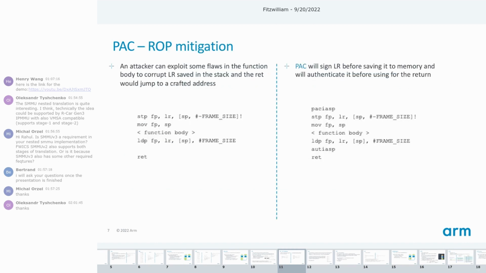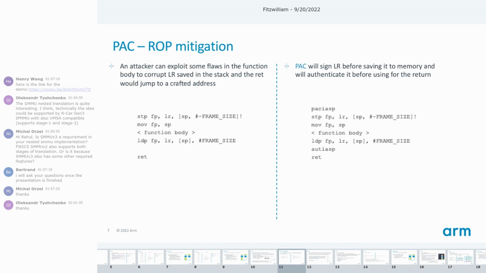Here on the left, we can see an example, and we are saving a return address to the stack. So what if an attacker can exploit some flaw in the function body and modify this address? Basically, the final return instruction can jump to a modified address, and we don't like that.